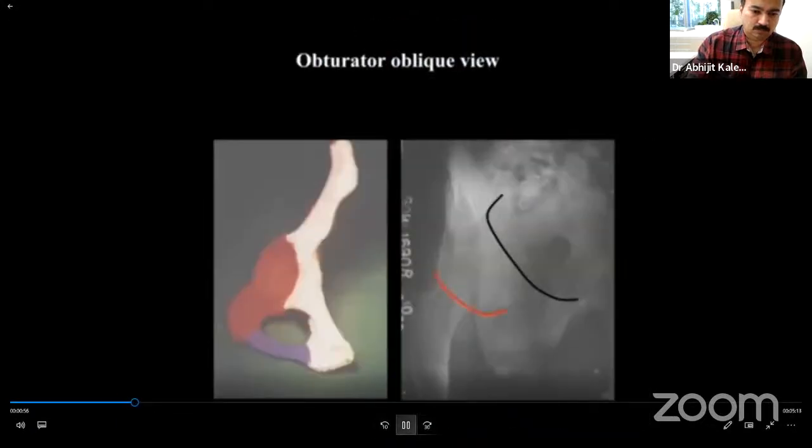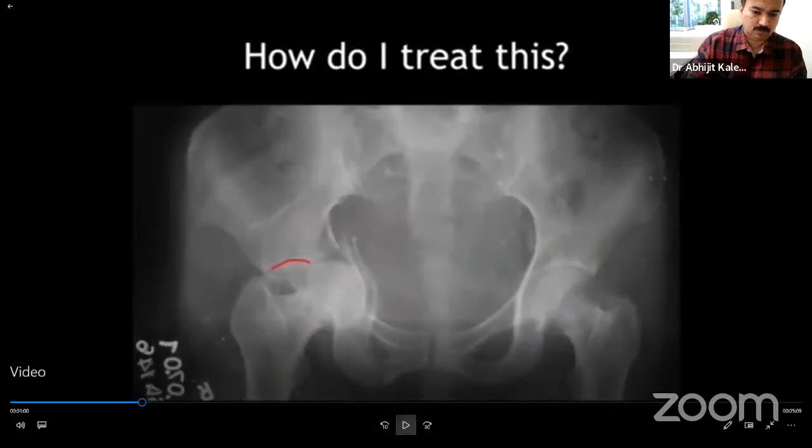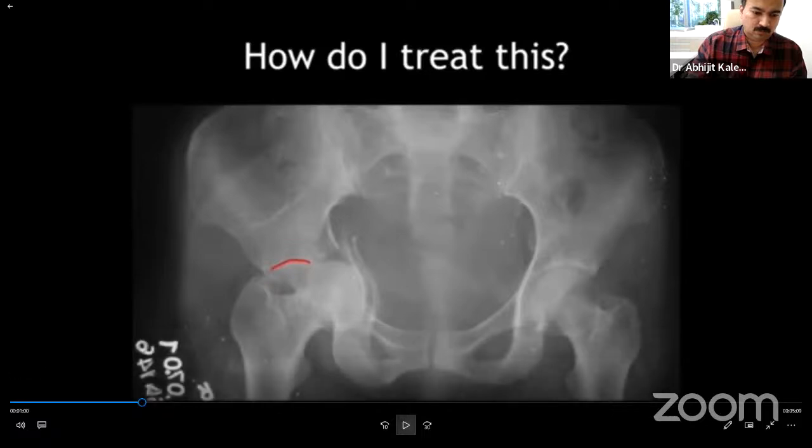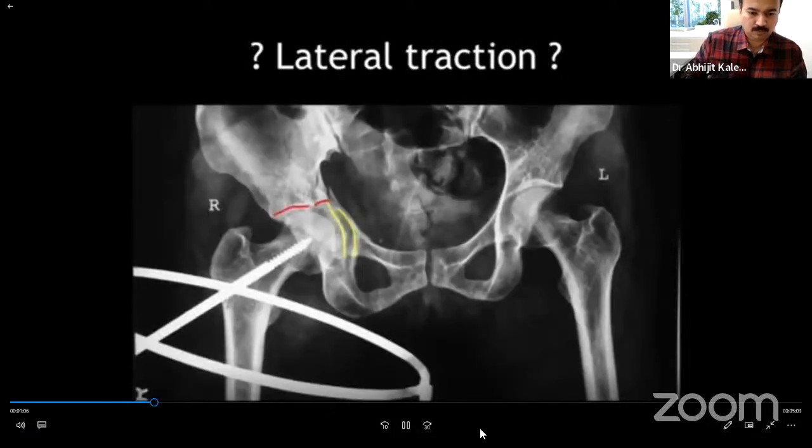The iliac and obturator views are of paramount importance to further clarify breach in the acetabular columns. This is a classic example of failed lateral traction to treat so-called central dislocation.